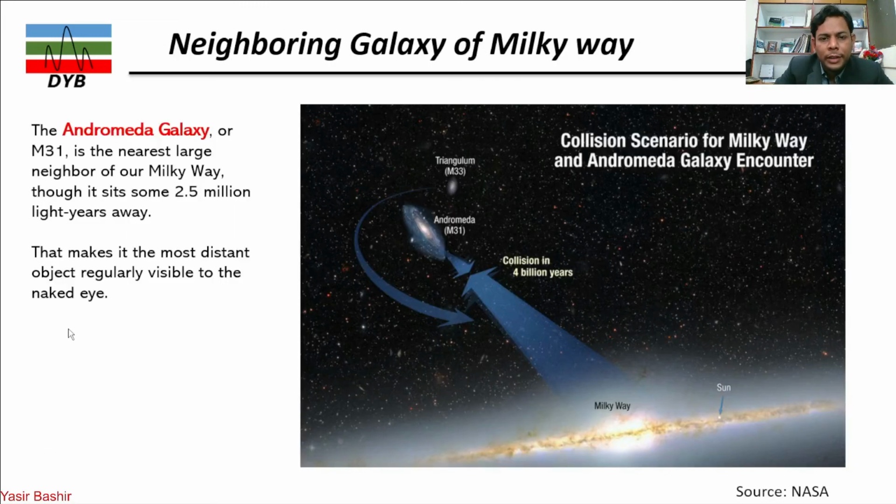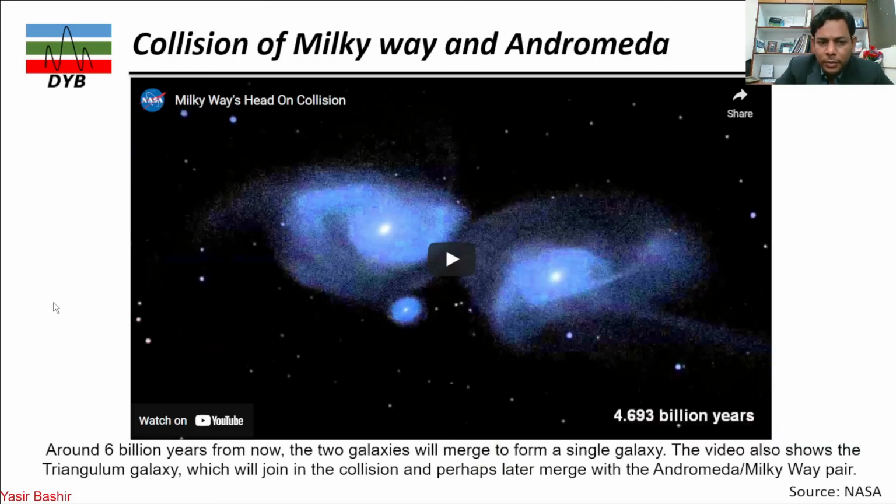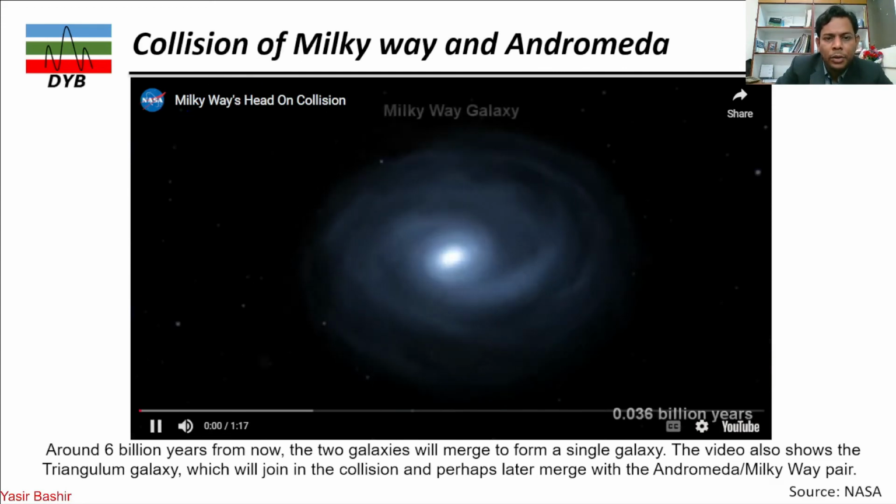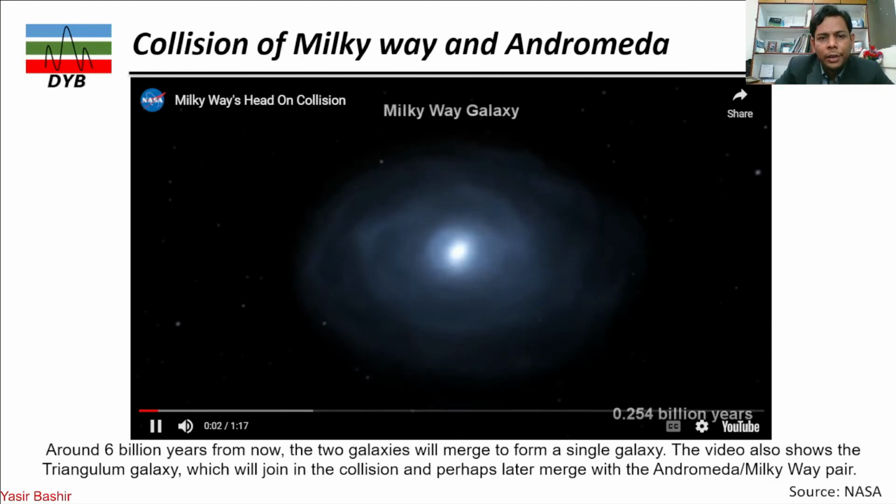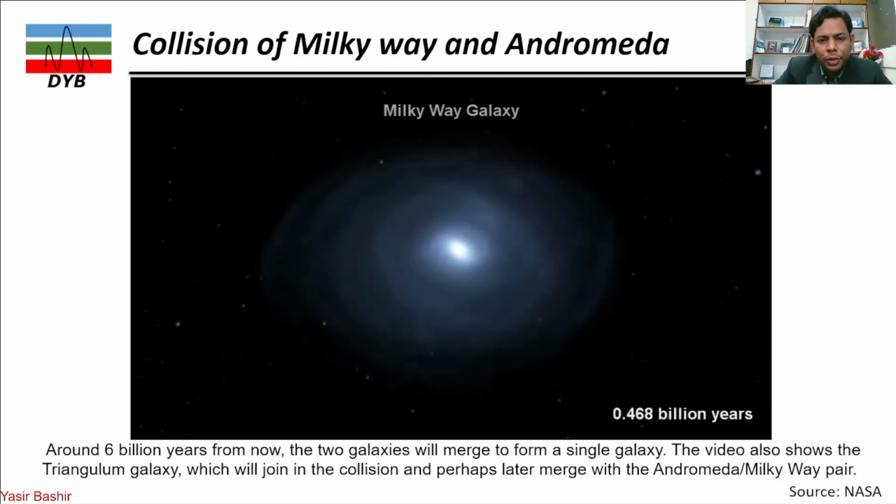So if you look at the galaxy, how does it look and what is the rotation or revolution of this galaxy? This video will explain it fairly well. Here we can look at the galaxy, which is our Milky Way.